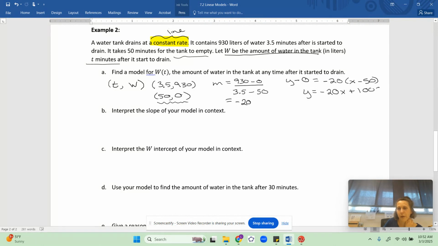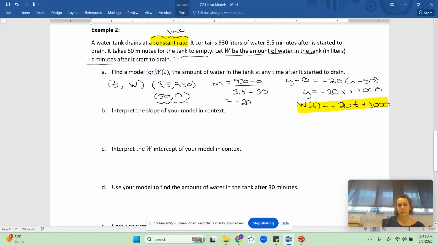But remember, I should go back to the variables I'm supposed to be using, so the water in terms of time is W of t equals negative 20t plus 1,000. It also helps us remember what we're doing in context when we use variables like W and t. That's the answer to the first question, and the rest should be pretty easy to follow from here.